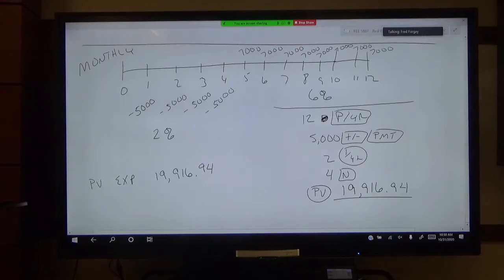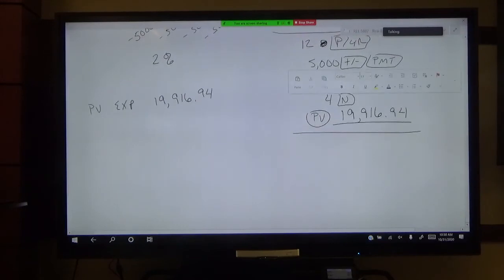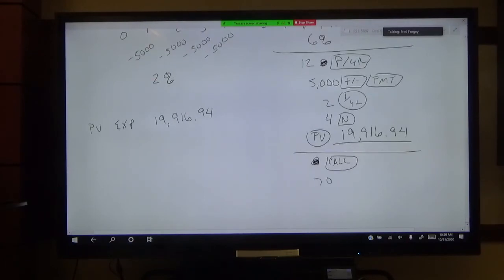Everybody good with that? Okay, so it's the next part that is the potentially tricky part. So clear everything out. And we've got, what was it, 7,000? Yeah, 7,000. $7,000 of income, positive payment at a 6% discount rate.